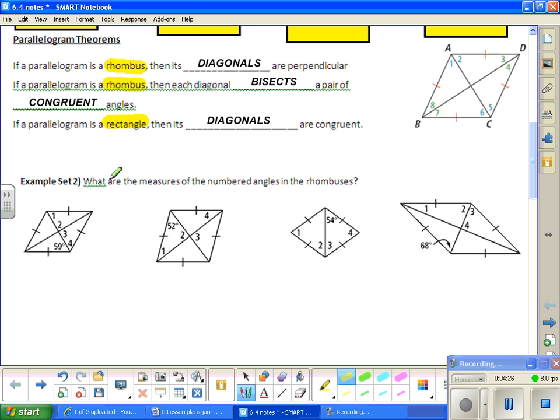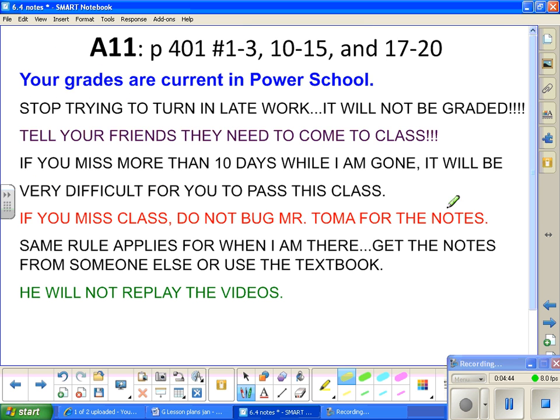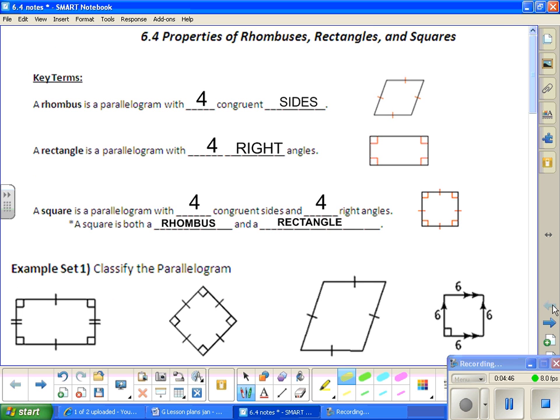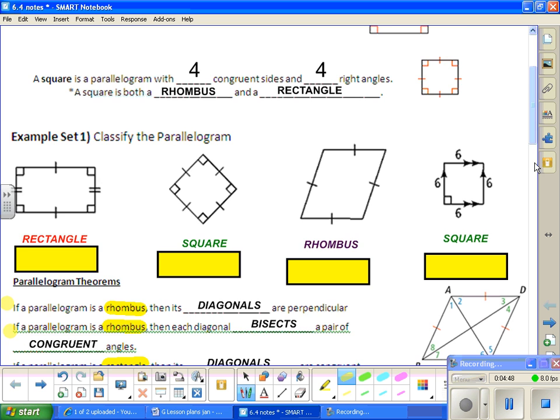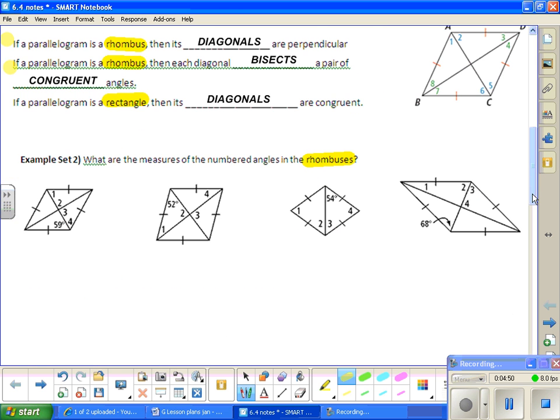Example set 2. What are the measures of the numbered angles of the rhombuses? So if we're talking about the rhombuses, we want to look at these 2 theorems. I want to know what is the measure of angles 1, 2, 3, and 4.